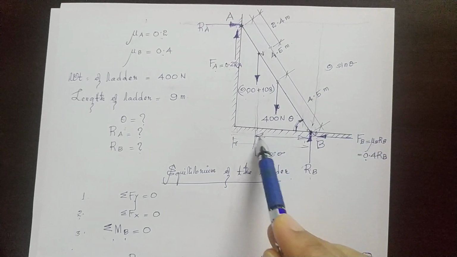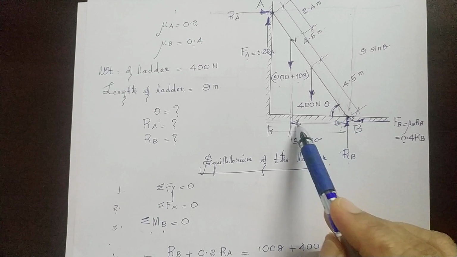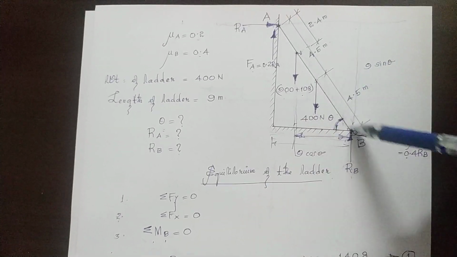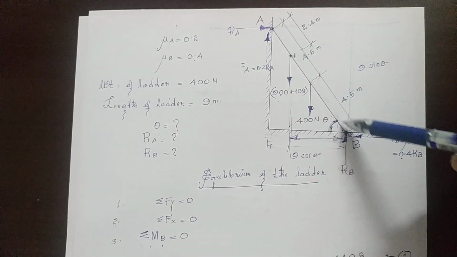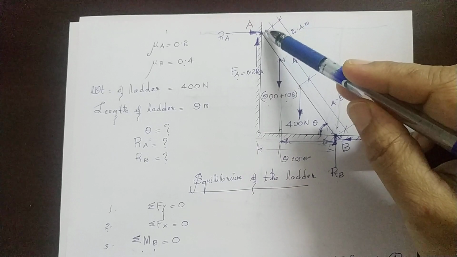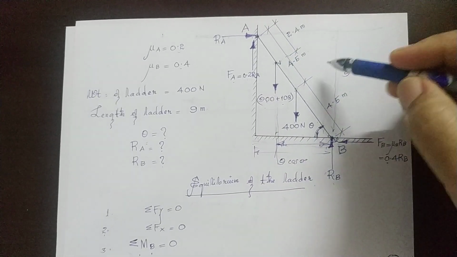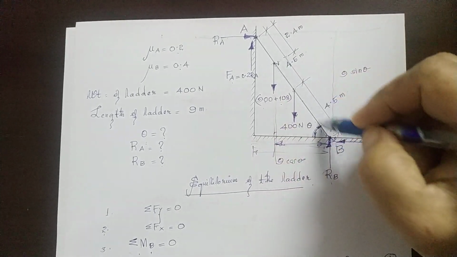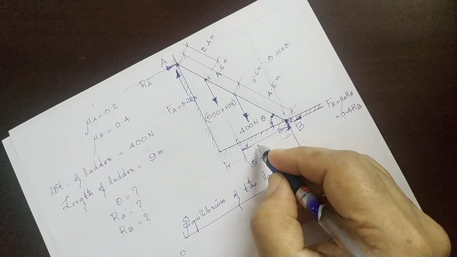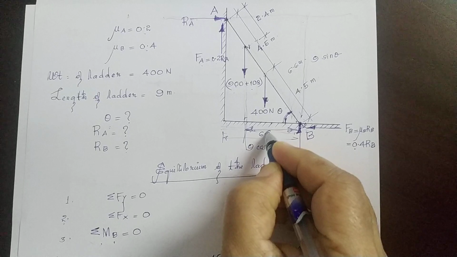What is this distance? This angle is theta. You can consider the small right triangle. This length is how much? From here till here it's 2.4 meter. The total length is 9 meter, which means that the remaining hypotenuse is 6.6 meters, which means that this distance is 6.6 cos theta.